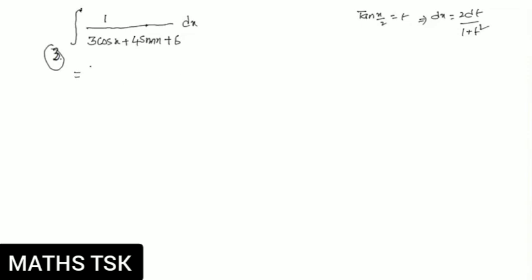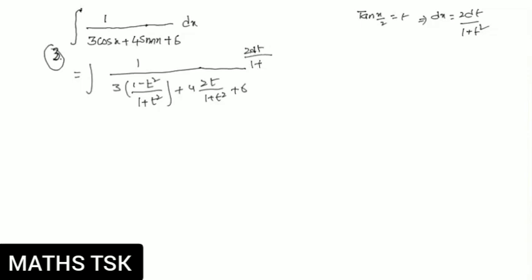So I come here, integration of 1 by 3 into 1 minus t square by 1 plus t square, then 4 into 2t by 1 plus t square, plus 6 into dx, which is nothing but 2 dt by 1 plus t square. Take LCM and then simplify.